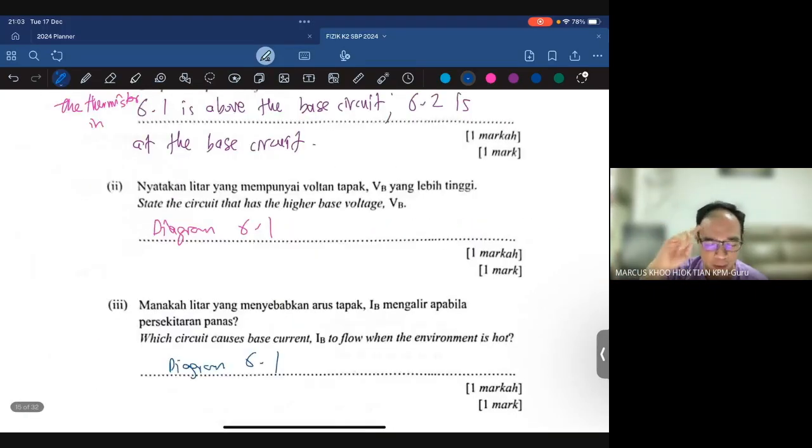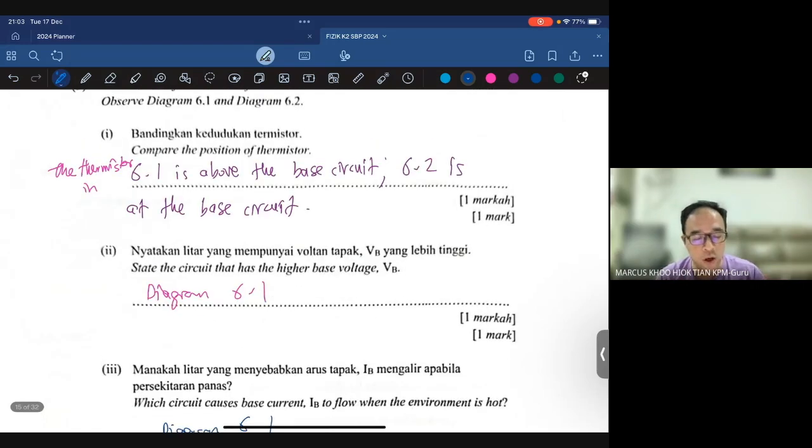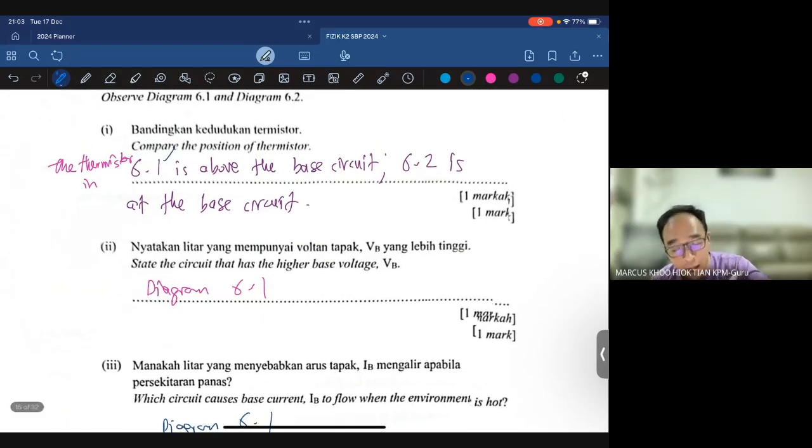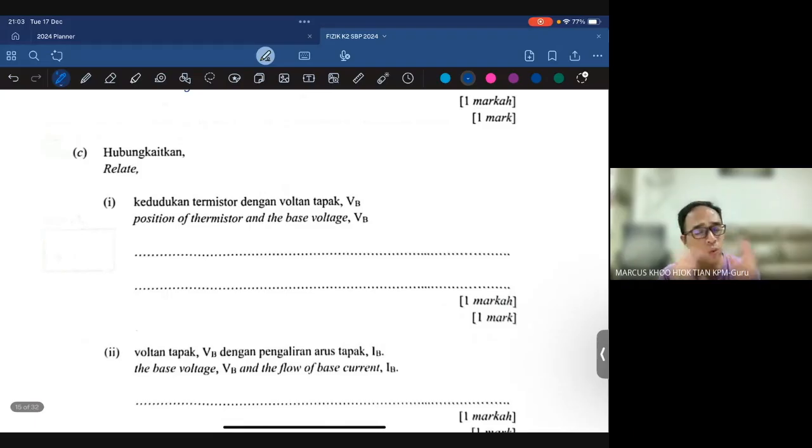Okay, stop membebel. Relate the position of the thermistor and the base voltage. So remember when you're comparing, you must mention both diagrams, but when you are relating, you mention one diagram itself is good enough.